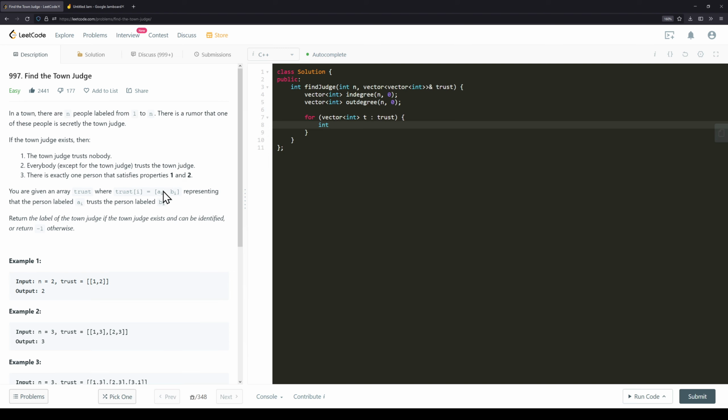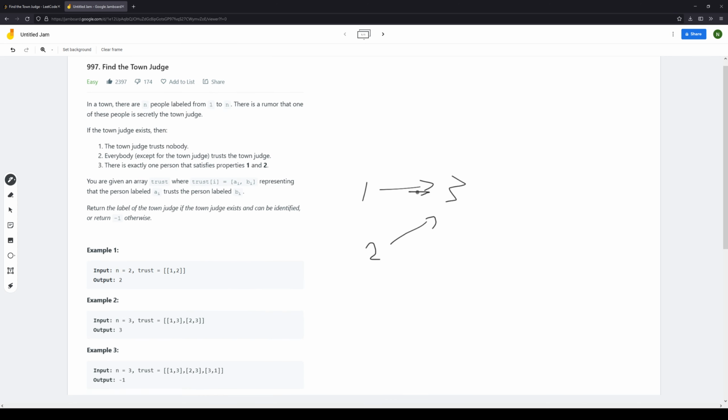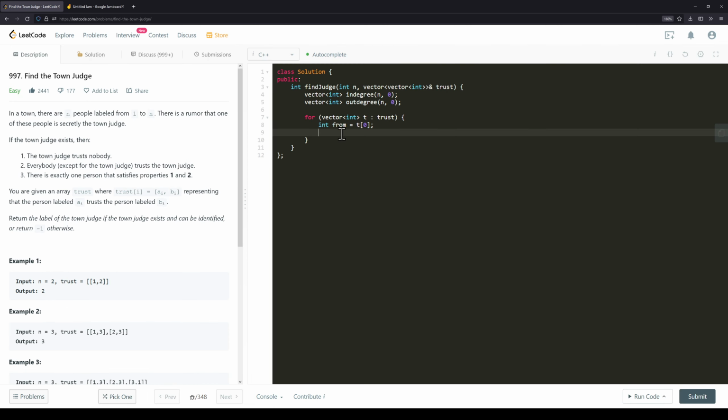So the first value is where you're coming from, so that's A. Second value, B, is basically where you're going to, like where the arrow is going to point to. So we're coming from A, so that means the out degree of this one will be incremented.